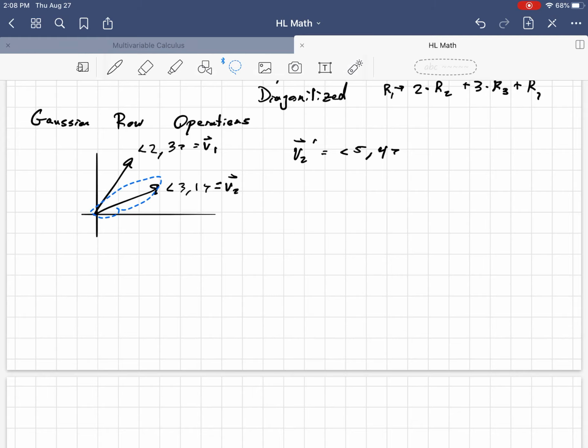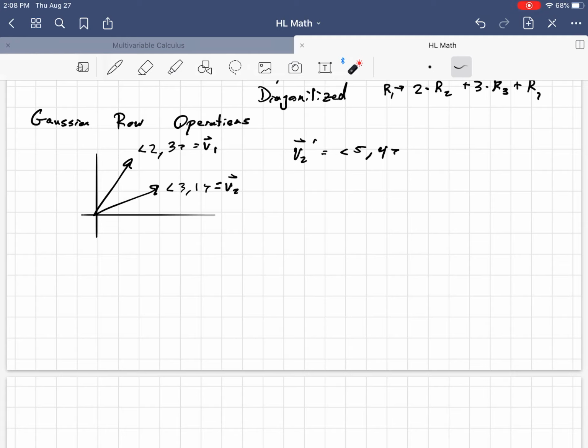It is basically just moving this vector right here up to here. So it's just shifting or translating the parallelepiped, right?